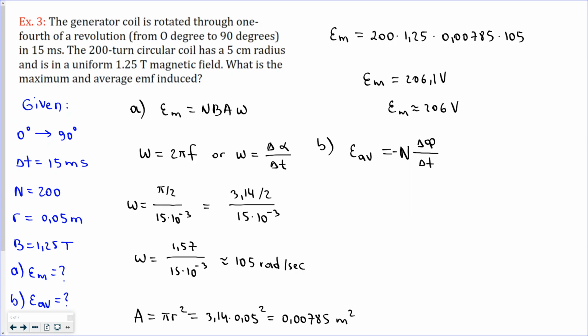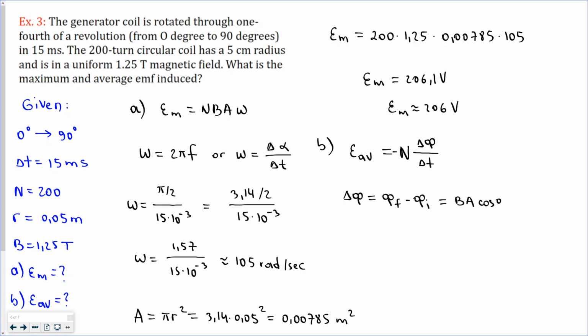Here we need to find the change in flux, which is final flux minus initial flux. The flux changes because of the orientation, because of the angle. It means that the multiplication of BA is constant, it doesn't change.